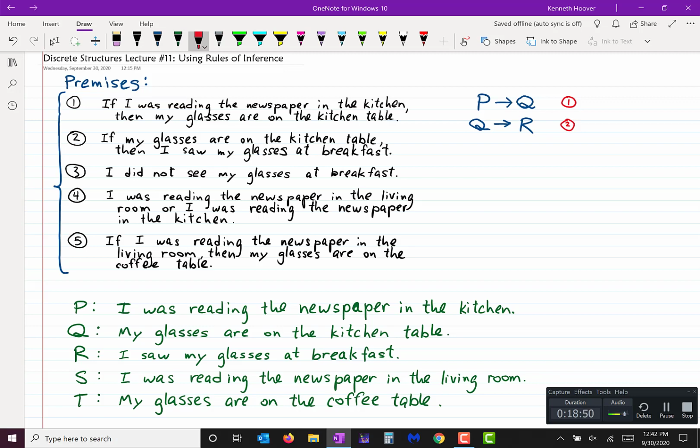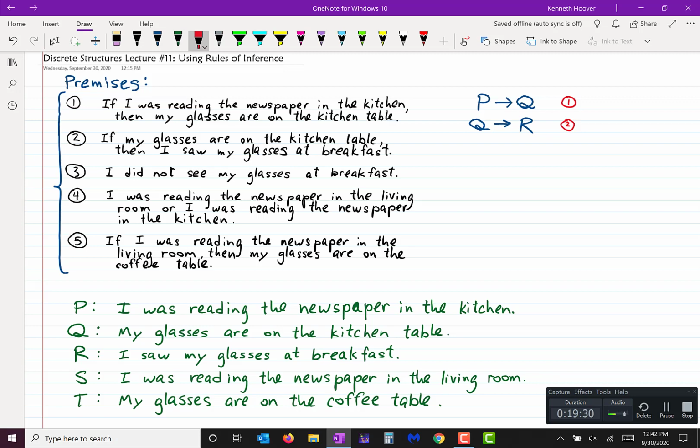Okay? All right, now, just from those 2, before we go any further at all, can you make any small conclusion just from those 2? Think about it. If I was reading a newspaper in the kitchen, then my glasses are on the kitchen table. And if my glasses are on the kitchen table, then I saw them at breakfast. Can you shorten those together into one statement? Isn't that really telling you that if you were reading the newspaper in the kitchen, then you saw your glasses at breakfast?